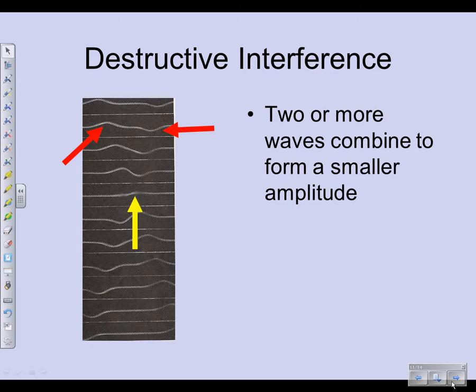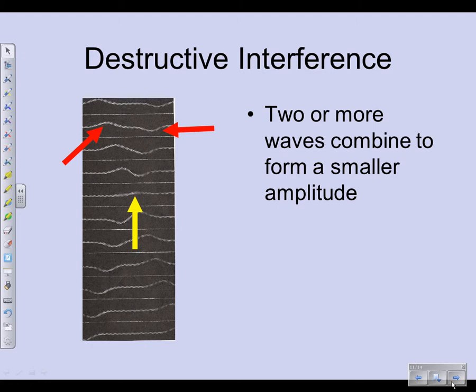Now, you don't exactly have to draw these pictures like they have up here, right? Draw what I was just drawing on the board. It's the same idea, right? Another important thing to keep in mind, if you look at the pictures below the yellow arrow, you can see that the two waves, after they come out of the interference, look exactly the same as they did before, right?